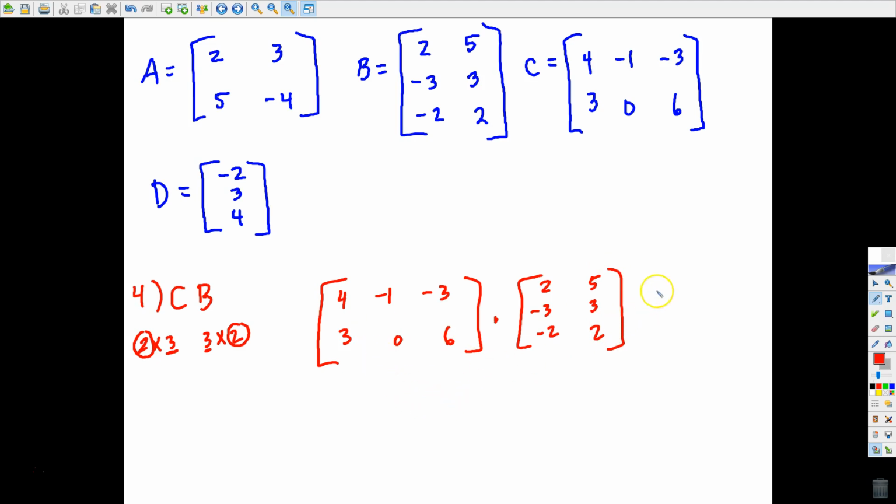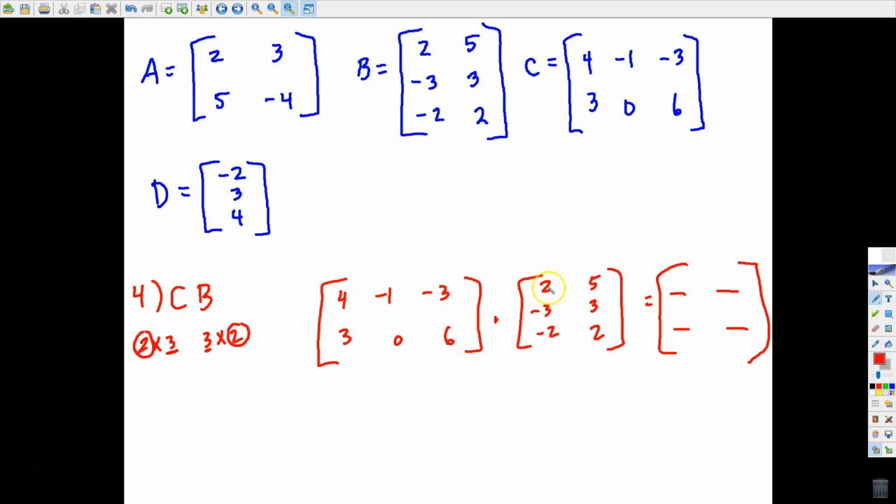Matrix multiplication works like this. We can go ahead and set up a 2 by 2 product matrix. This element represents row 1, column 1 of the product. So just think, I'm going to use row 1 of the left matrix times column 1 of the right. We always multiply row by column.